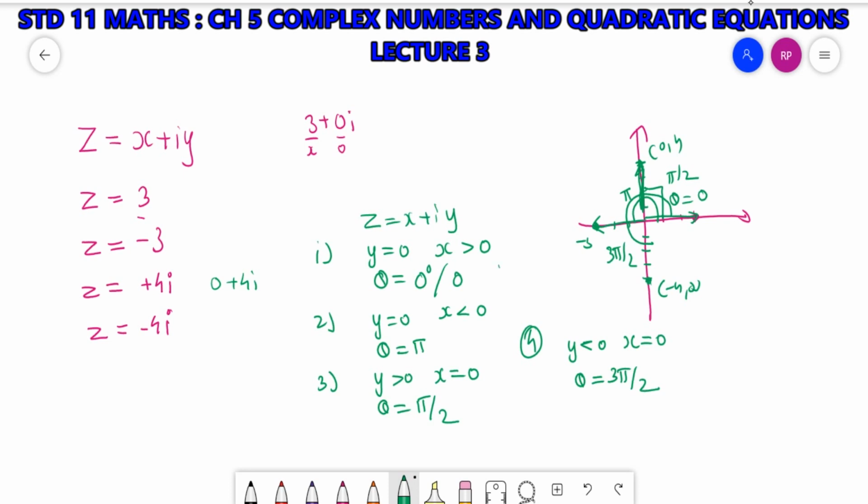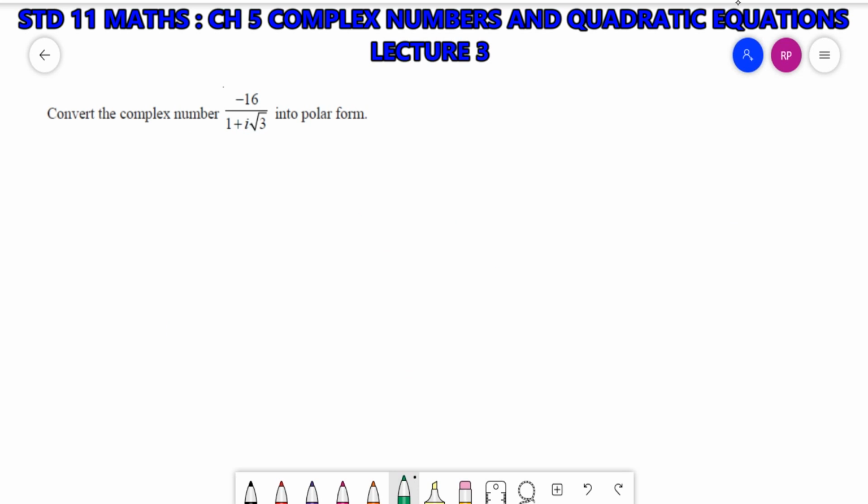Now let's see one example based on the polar representation. Convert the complex number minus 16 upon 1 plus i root 3 into polar form. So now here z is equal to minus 16 upon 1 plus i root 3.